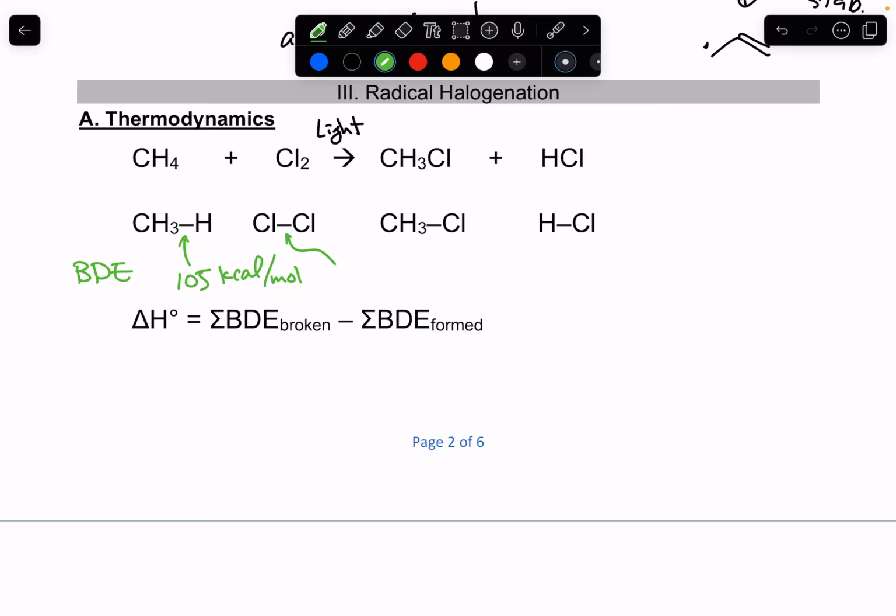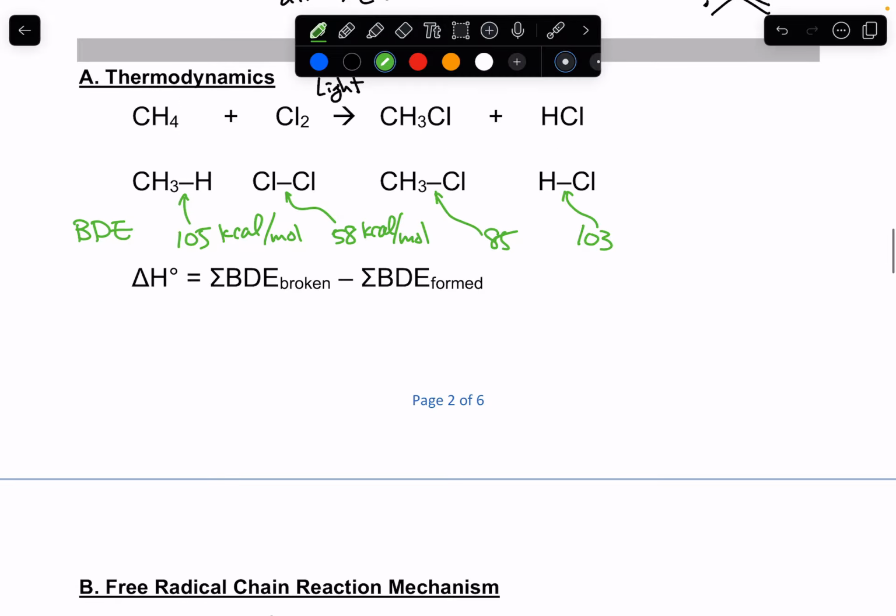So you could see that C-H bond is much stronger than the Cl-Cl single bond, which is only worth 58 kilocal per mole. Now the carbon-chlorine bond is worth 85 kilocal, while H-Cl is worth 103 kilocal per mole. If you ask how do you know those numbers, that would have to be obtained experimentally or given to you in a table or something.